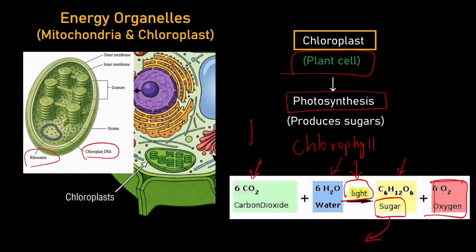In this sense, the mitochondria and the chloroplasts have complementary roles: chloroplasts capture energy from sunlight and store it in glucose, while the mitochondria later break down this glucose to release energy in the form of ATP, because this is what the cells can actually use.